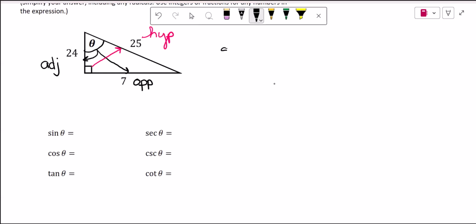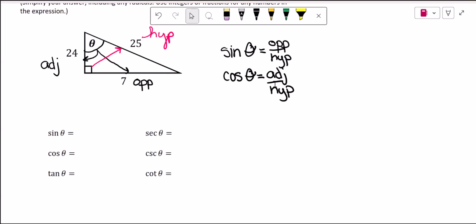The sine of theta is always going to be the opposite over the hypotenuse. Then the cosine of theta will be the adjacent over the hypotenuse. And finally, the tangent of theta is the opposite over the adjacent.